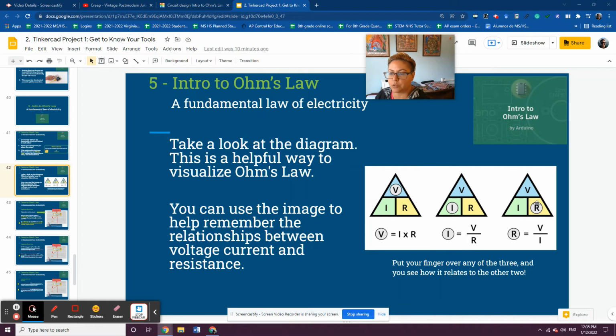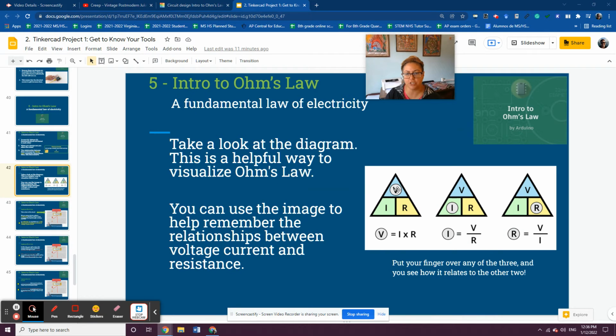And then the last one, when you're looking for resistance, you put your finger over top of it, and you take your voltage and divide it by your current, which is I. So you can look at this picture; it really helps you to understand how it works.